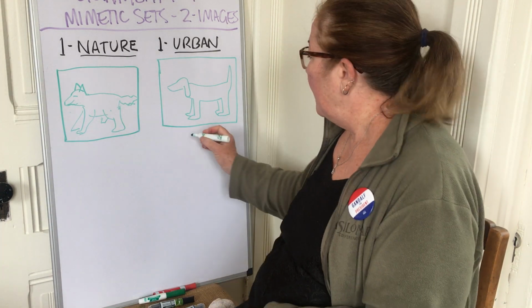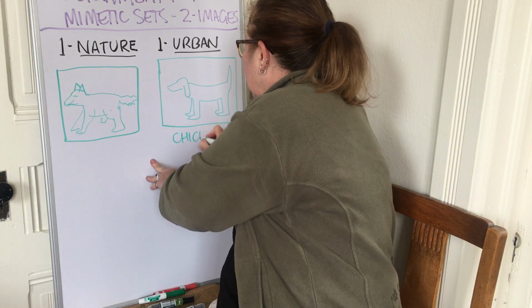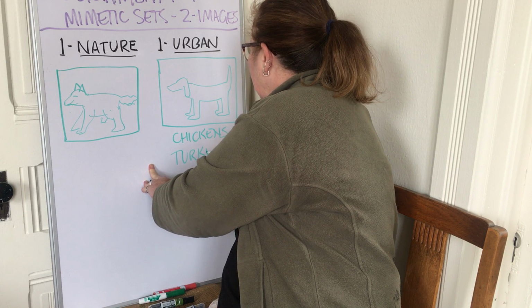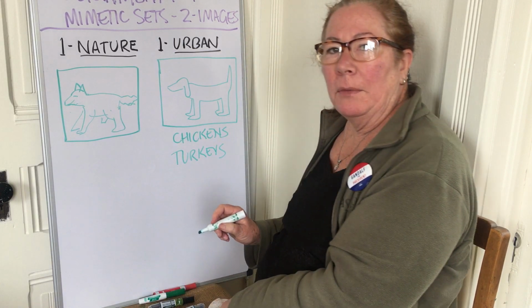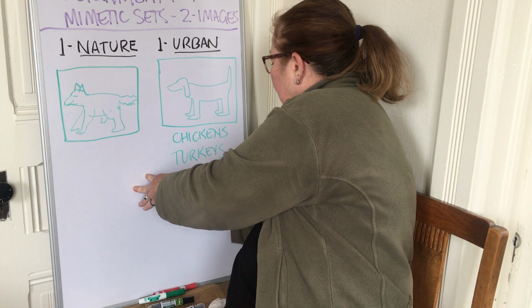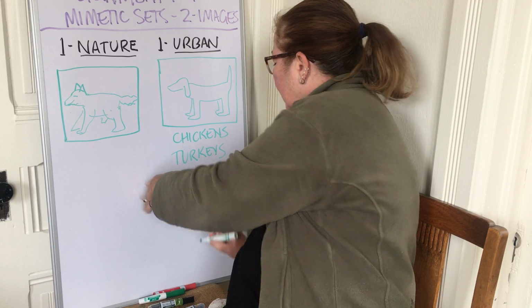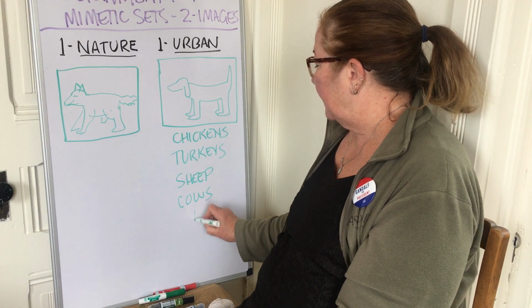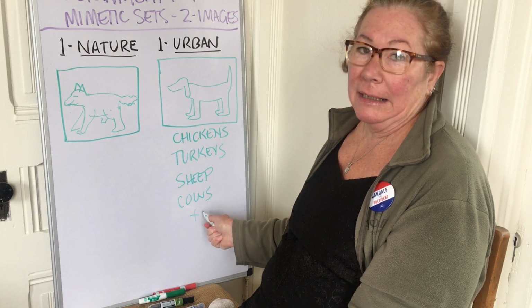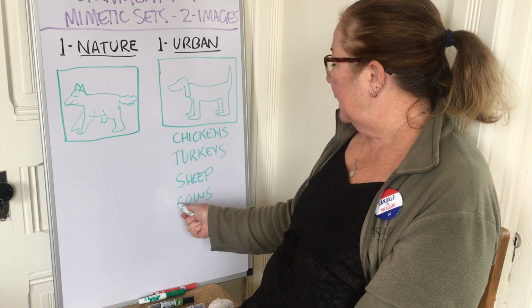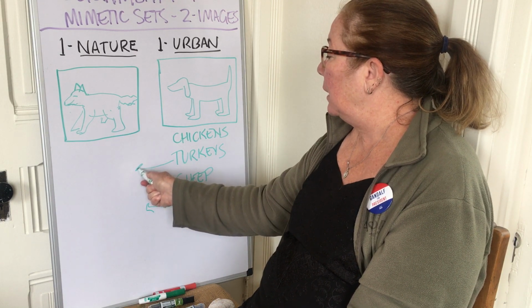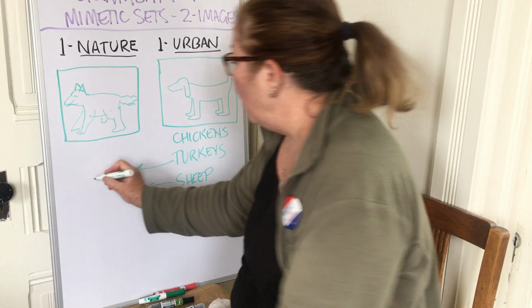So that would go for like chickens, turkeys. What else? What other domesticated animals? Sheep, cows, right? All these animals, plus probably many, many more, would be considered urban because they're domesticated, okay? So you're not going to see a cow in the wild. You're not going to see a sheep in the wild. Would you see a turkey in the wild? Yeah, guess what? There are wild turkeys.